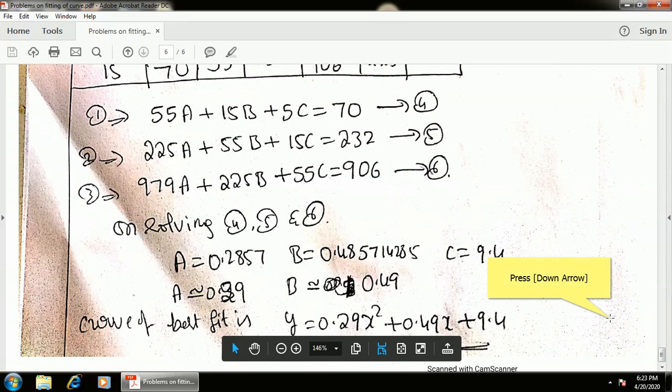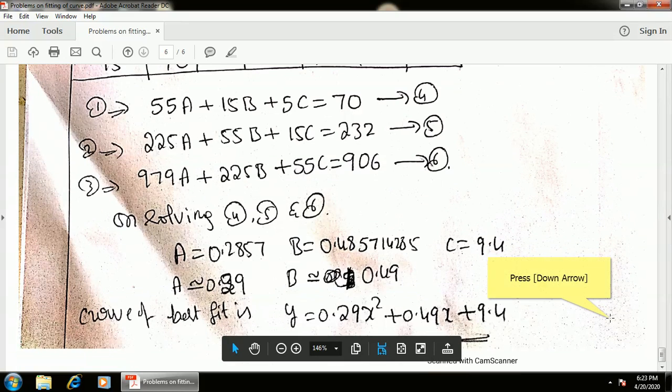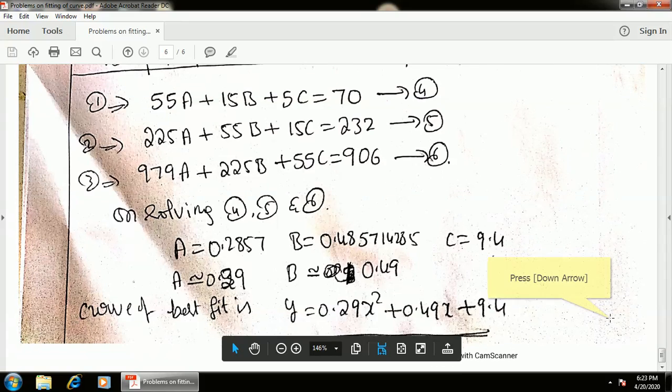Substitute those values into the required equation, that gives the curve of best fit parabola for the given data. This is the method of solving the curve of best fit or fitting of curves. It is very easy if you understand how to write down the normal equations. Okay, I hope you understand.